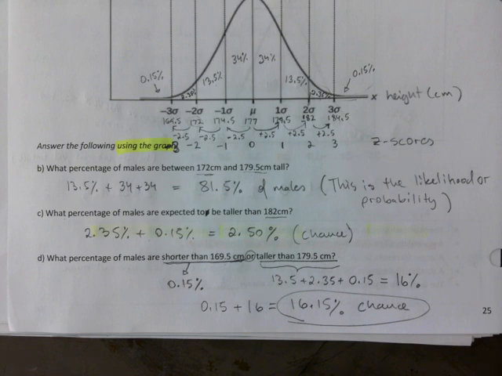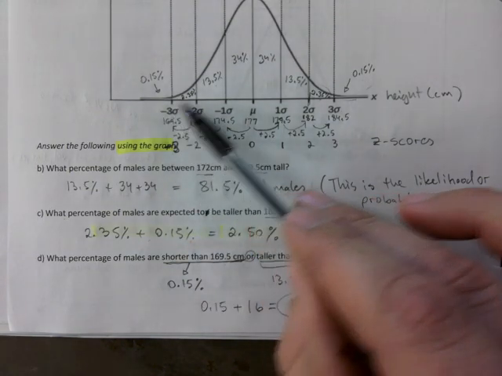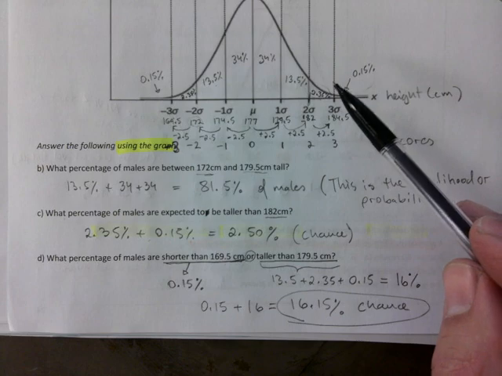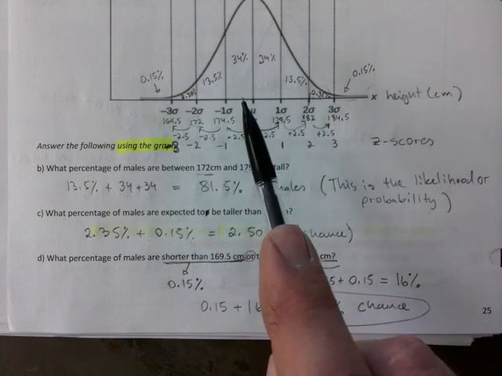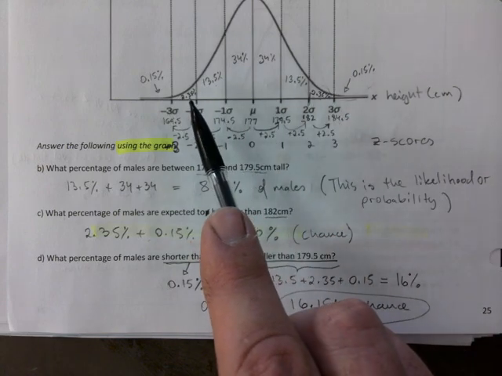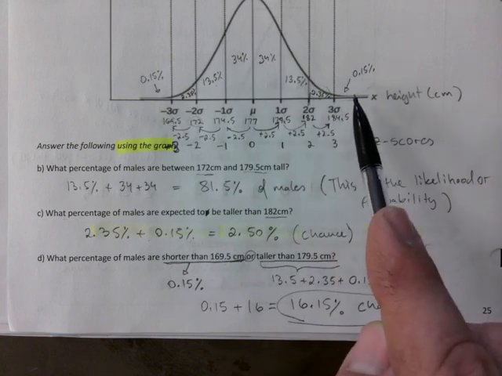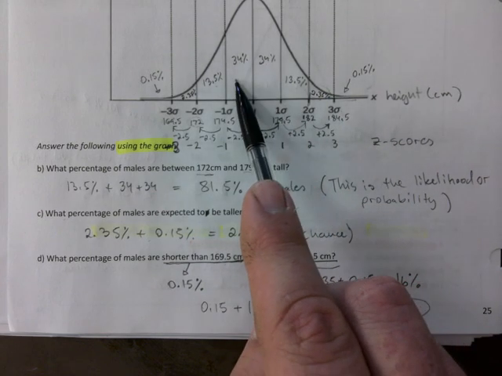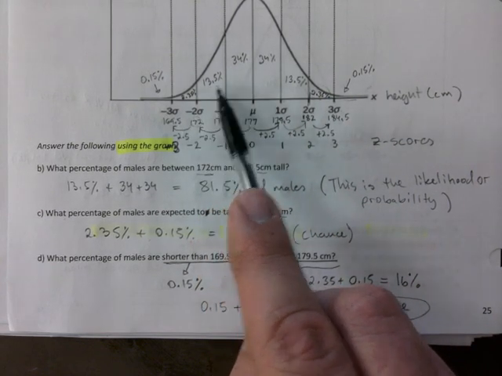Could there have been a different way? The answer is yes. Pay close attention, listen closely to what I'm about to say. You know that everything under the curve is 100%. You could have actually gone 100% minus these sections here, right?